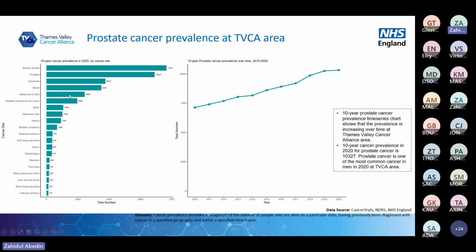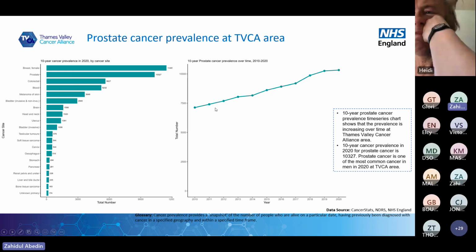From this bar chart, you can see the topmost prevalence is breast cancer, and prostate is second most, with over 10,000 population at the TVCA area in 2020, and the other cancer sites you can see over there.